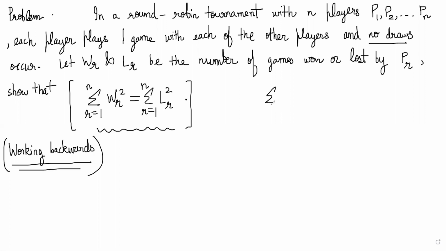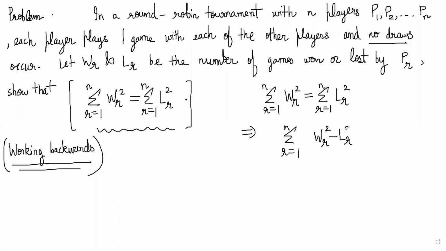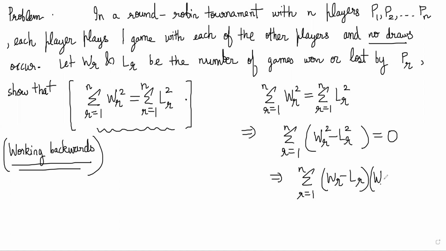So we'll write summation of R equals 1 to n WR square is equal to summation of R equals 1 to n LR square, which implies that the summation R equals 1 to n of WR square minus LR square is equal to 0. Okay, so let's see what we can get out of this. We'll factorize it and write it as WR minus LR times WR plus LR equal to 0.